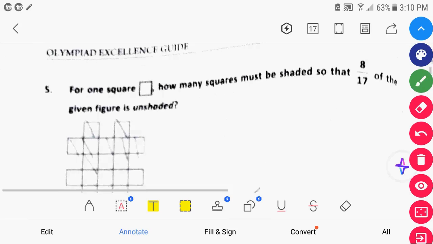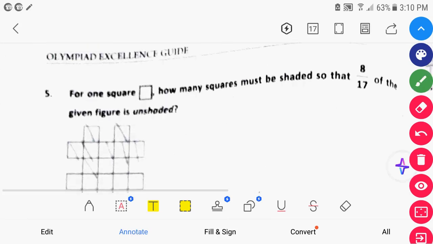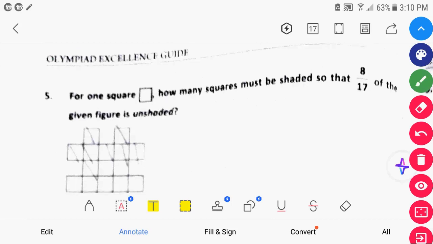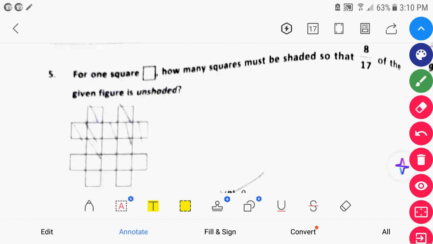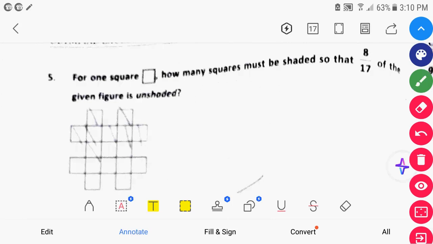Now the next one is, for one square how many squares must be shaded so that 8 by 17 of the given figure is unshaded? First you have to calculate how many squares are here.